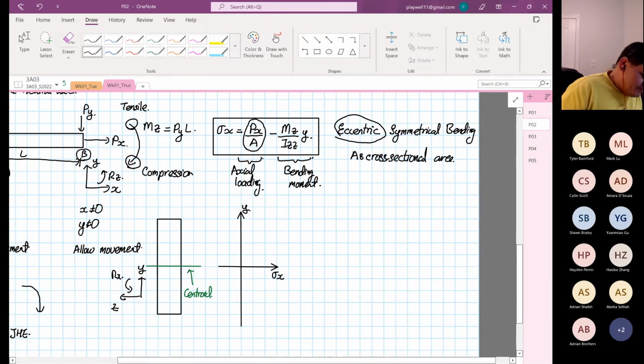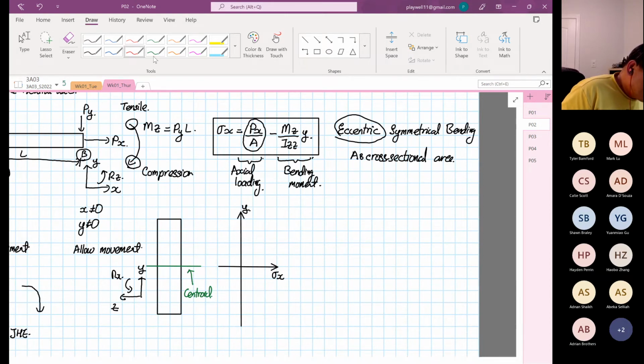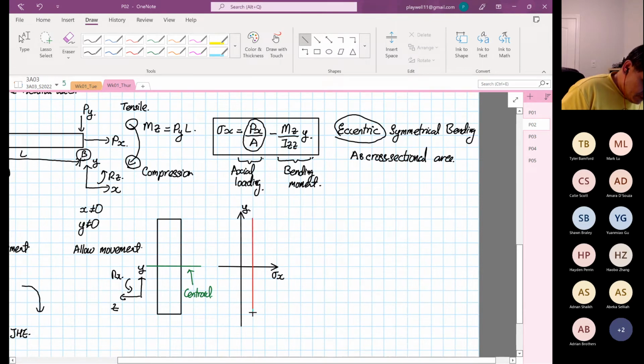This is y, and I'm going to draw a line. At this point is P x over A, A being the cross sectional area.